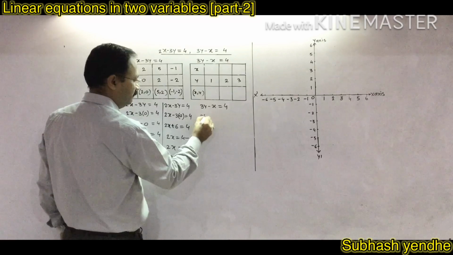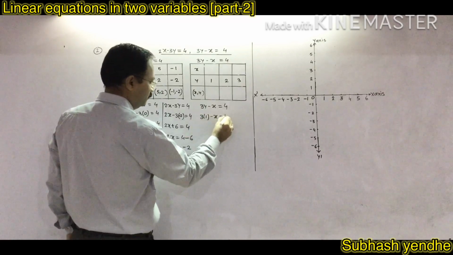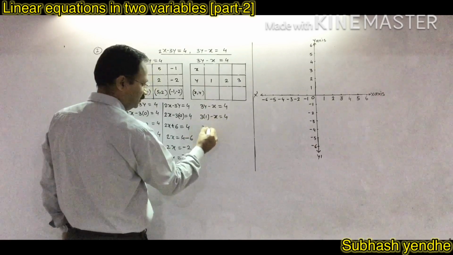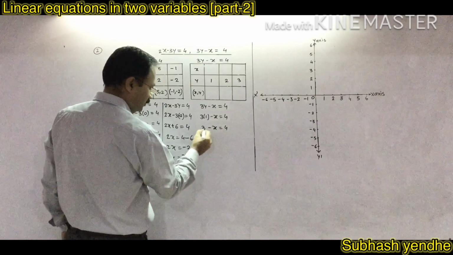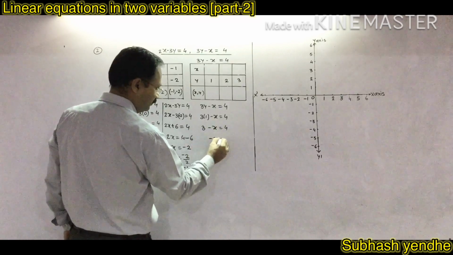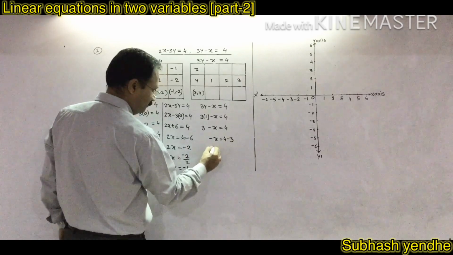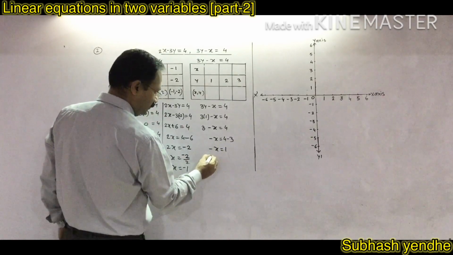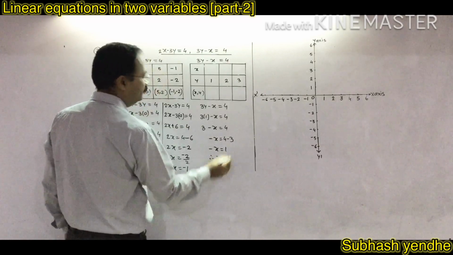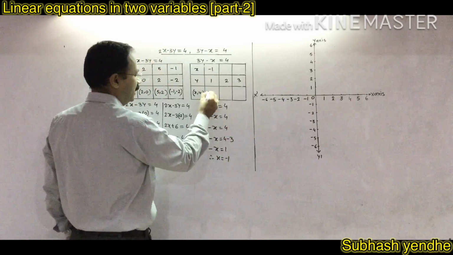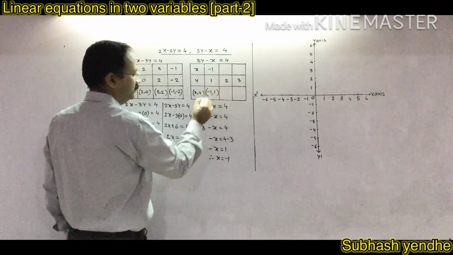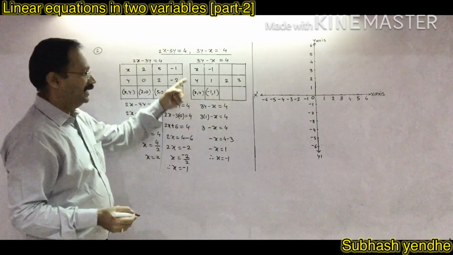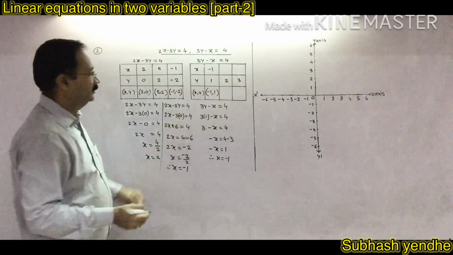So 3 in bracket 1 minus x equals 4. So 3 minus x equals 4. So 3 goes to that side, minus x equals 4 minus 3. So minus x equals 1 and therefore x equals minus 1. So minus 1, 1. These are the coordinates of x and y.